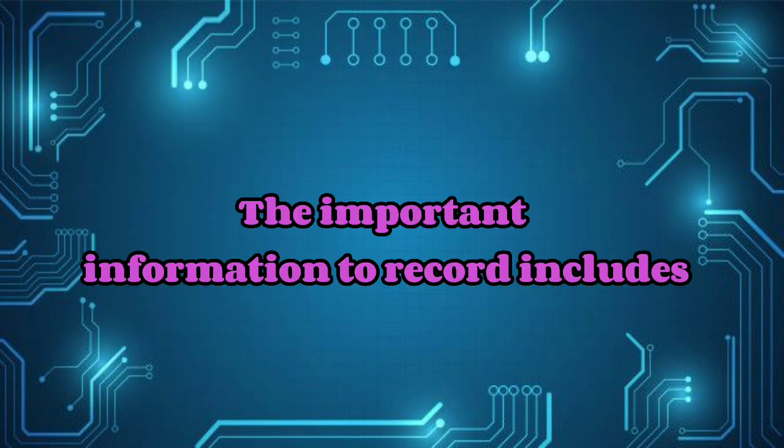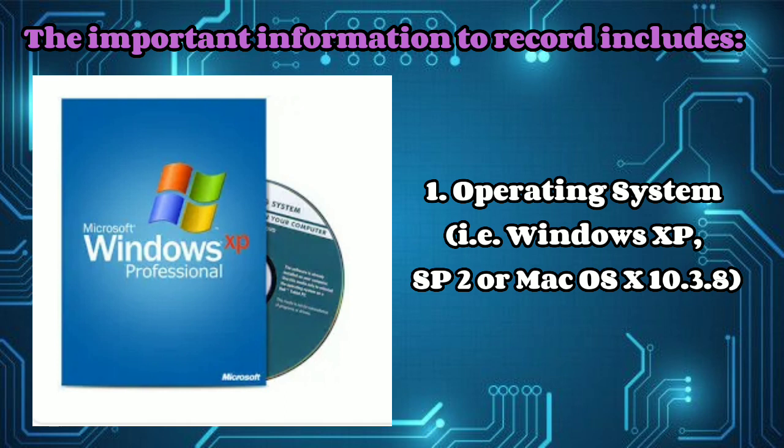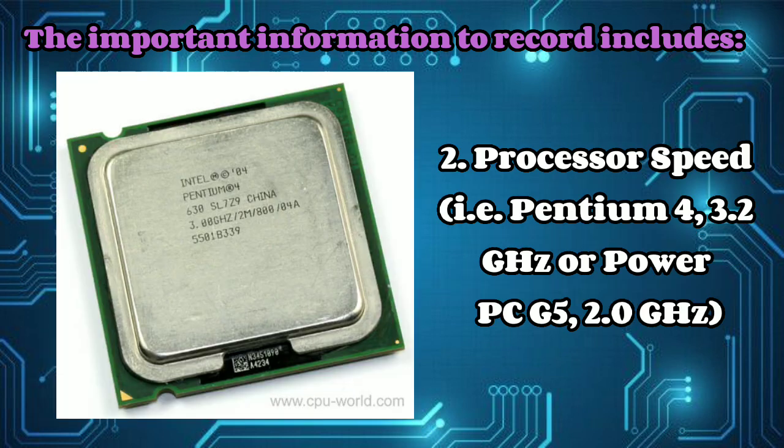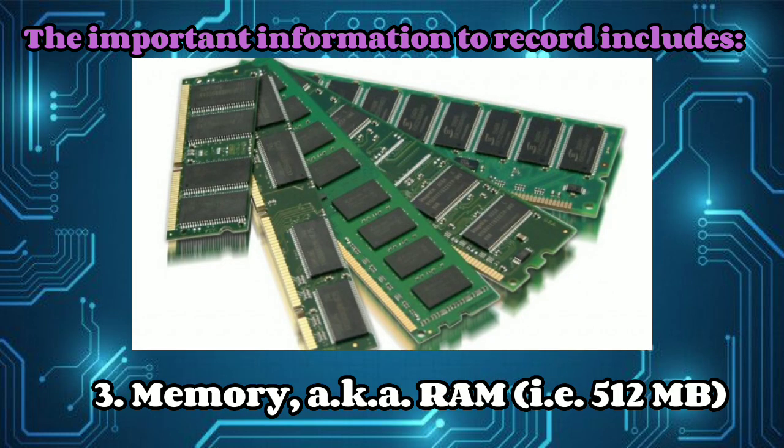The important information to record includes: 1. Operating system, i.e. Windows XP SP2 or Mac OS X 10.3.8. 2. Processor speed, i.e. Pentium 4 3.2 GHz or PowerPC G5 2.0 GHz. 3.